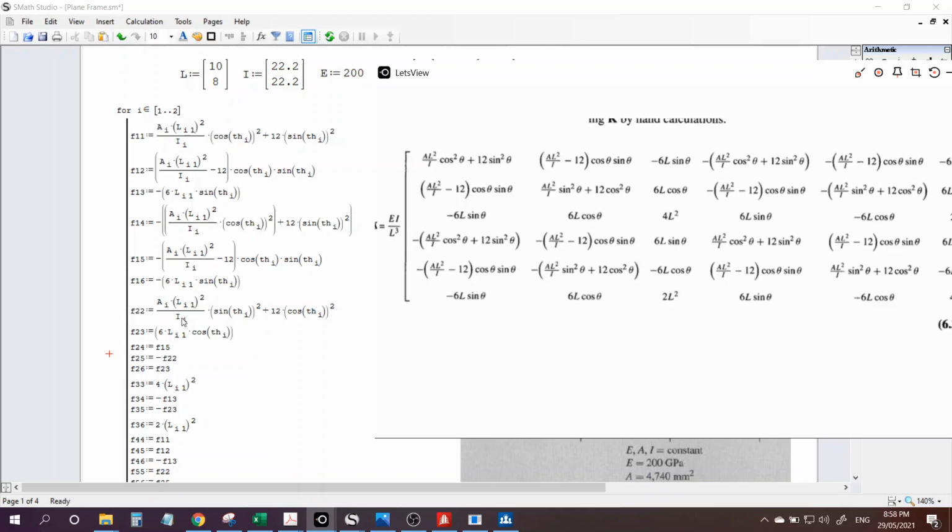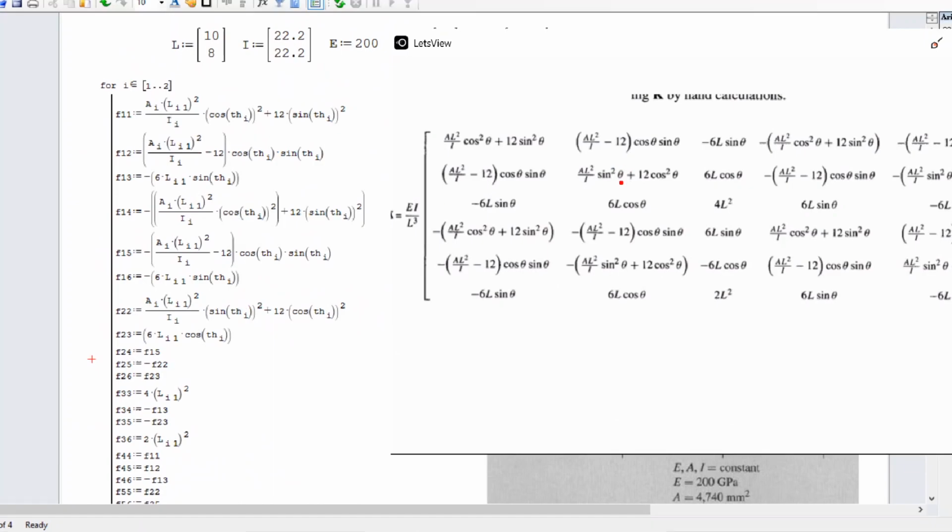Next is K22. AL squared over I sine squared theta plus 12 cosine squared theta. And K23 is 6L cosine theta.